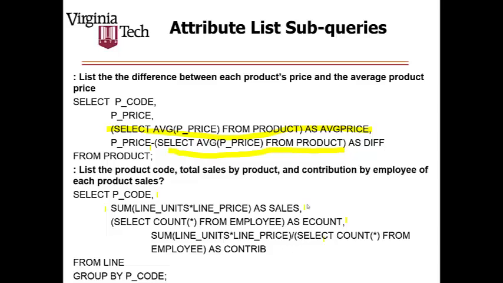Right? So you have the code for the product, the total sales of the product, the number of employees that you have, and then the contribution, which is the sum of your line units, your sales, divided by your number of employees. And then select all that from line and group by product code.